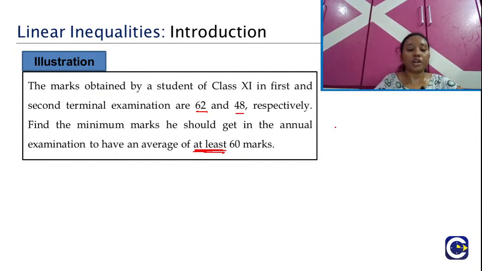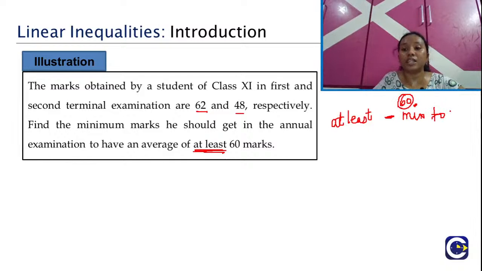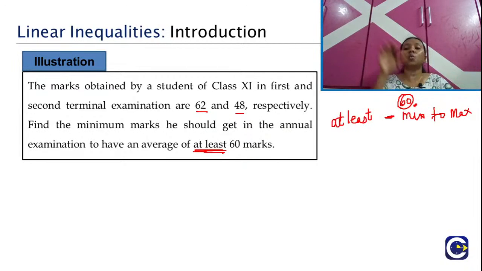So what do we mean by the word at least? Whenever the word at least comes, it starts from the minimum. Whatever value is given is the minimum, and it goes up to the maximum.